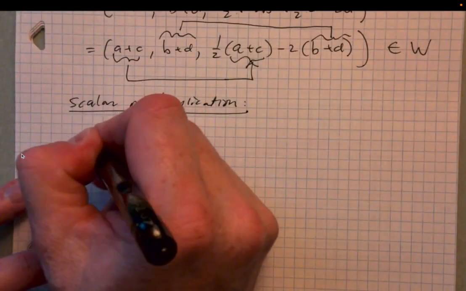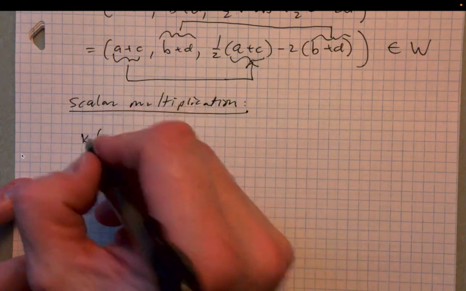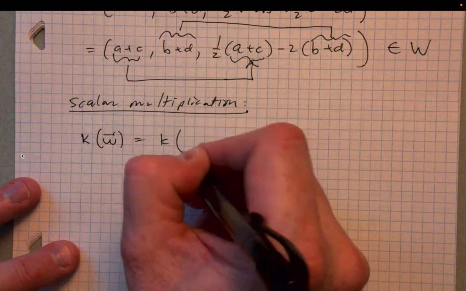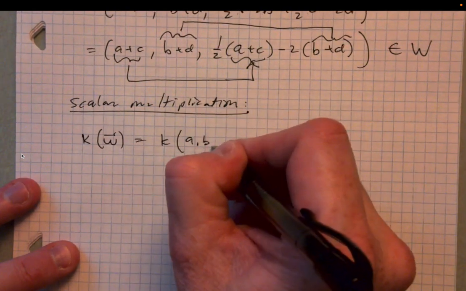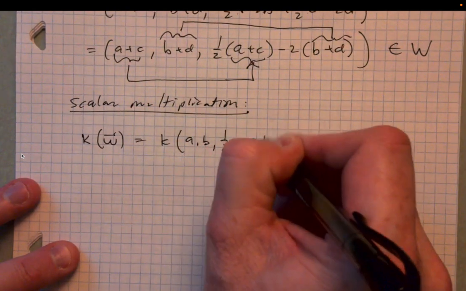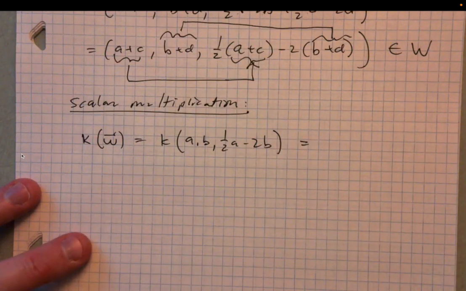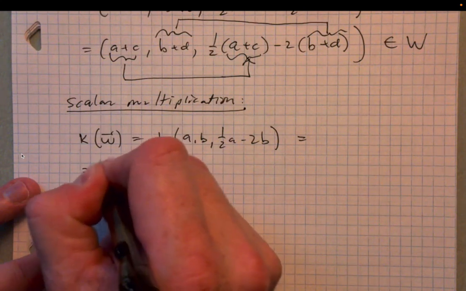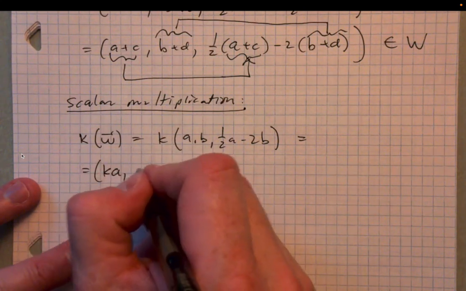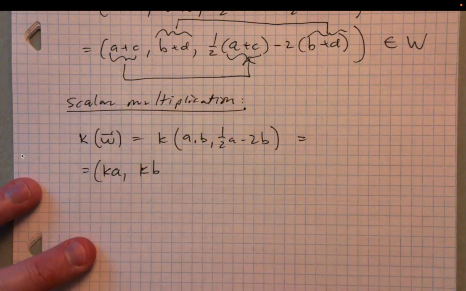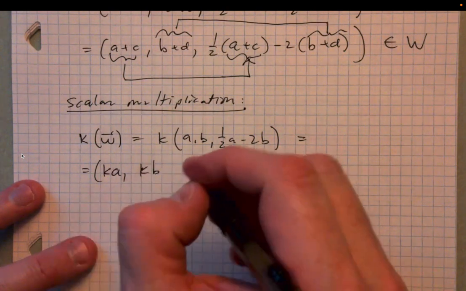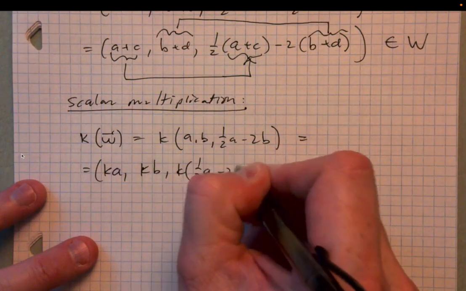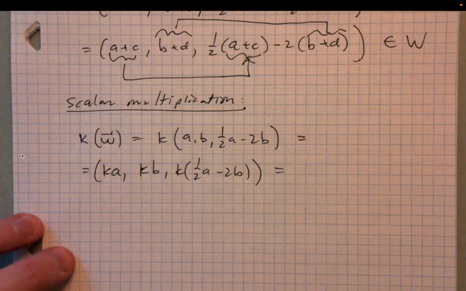So if I take K times W, which we'll say is K times (A, B, 1/2 A minus 2B), well, what do I get here? I get K times A, K times B, and then K times 1/2 A minus 2B, like so.